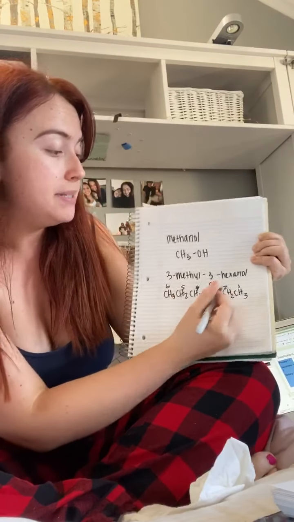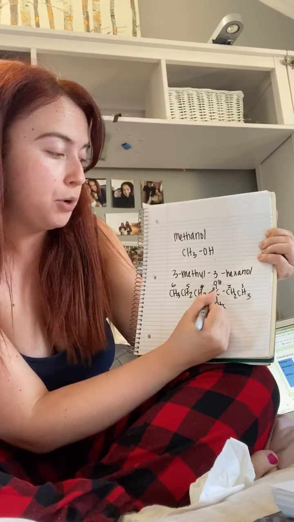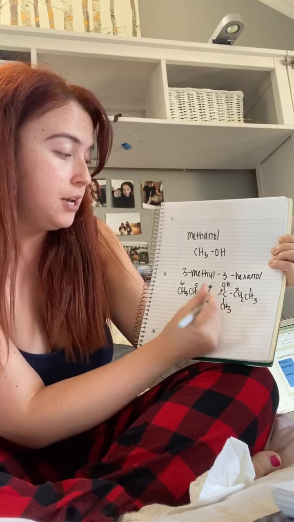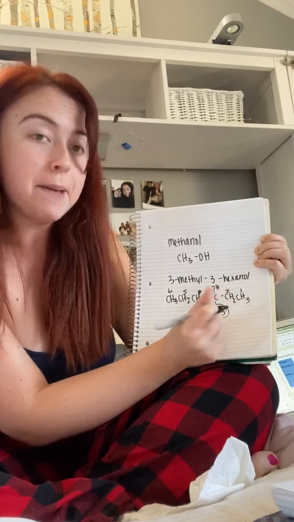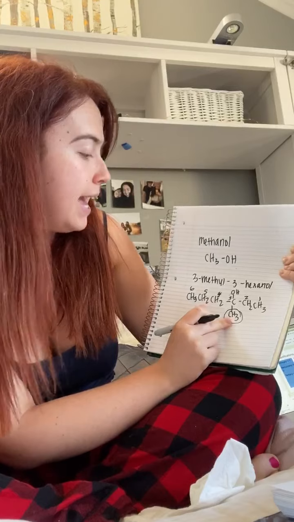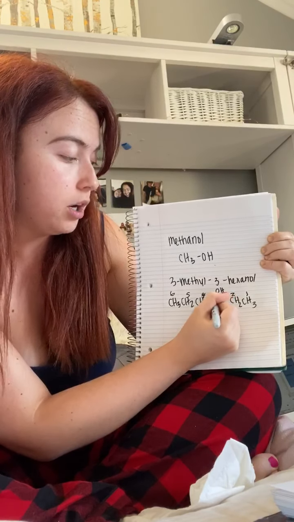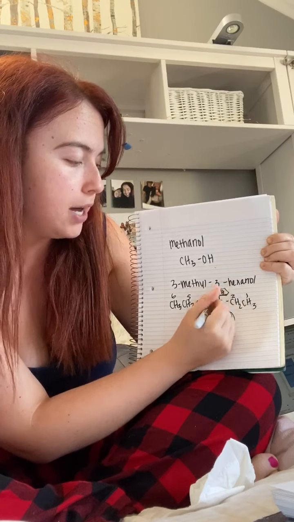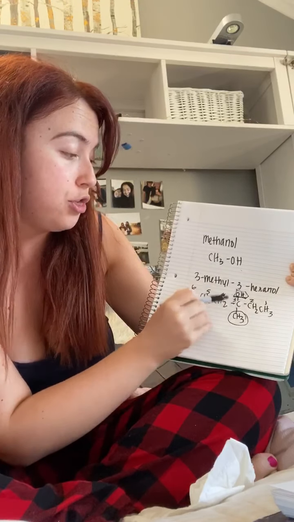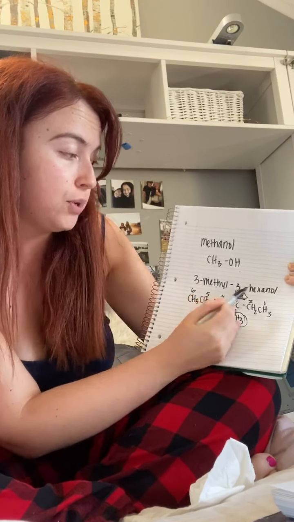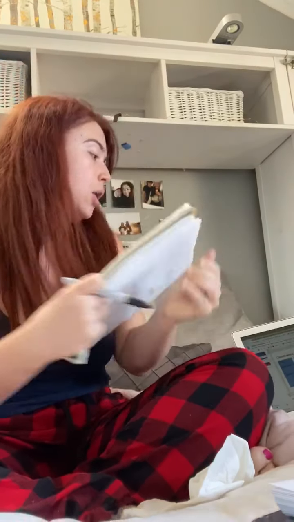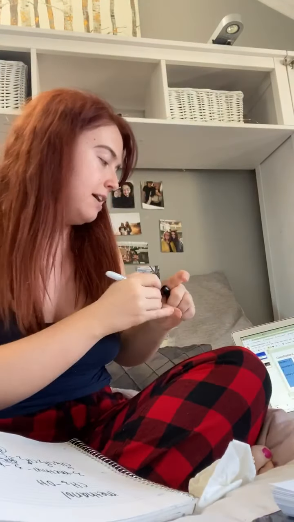You have your substituents, and this would be on number 3 right here. This is why it's a 3, and this is a methyl group. And your second one, which is your hexanol, because you have your hydroxyl group on number 3, which is why it is 3-methyl-3-hexanol.